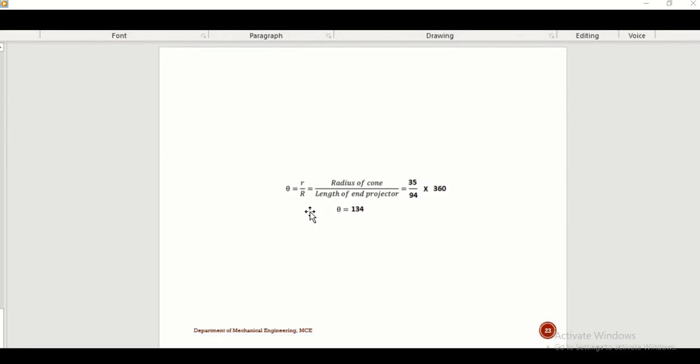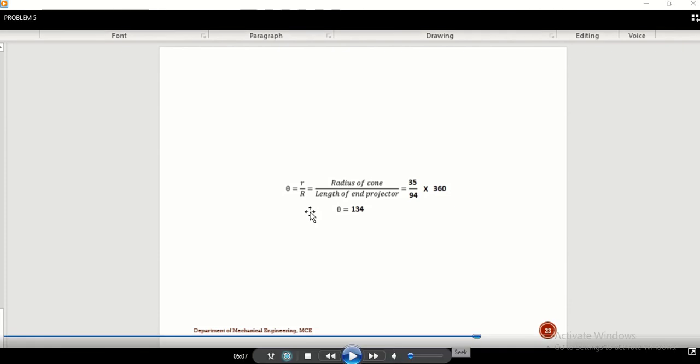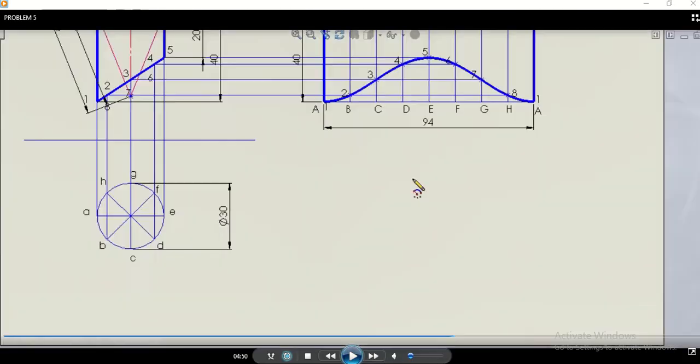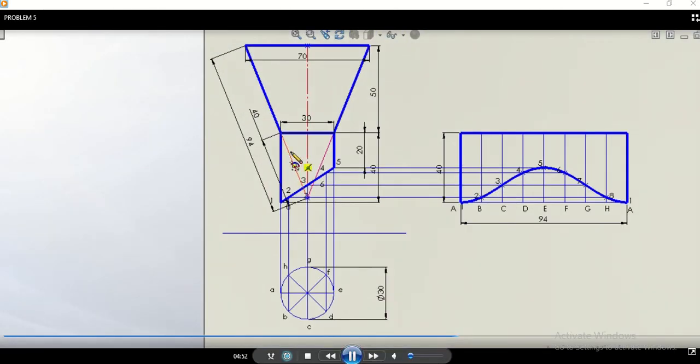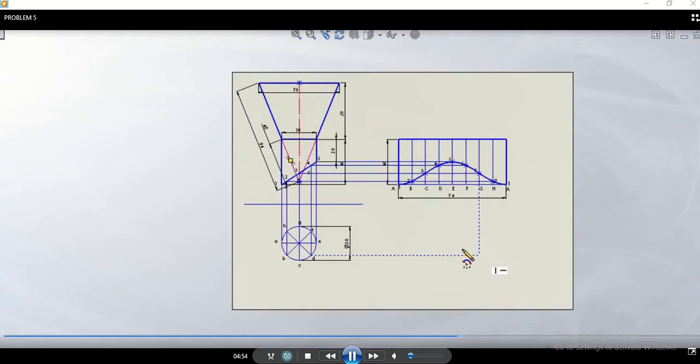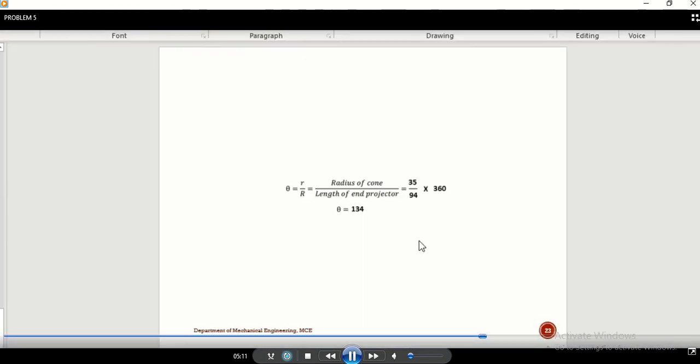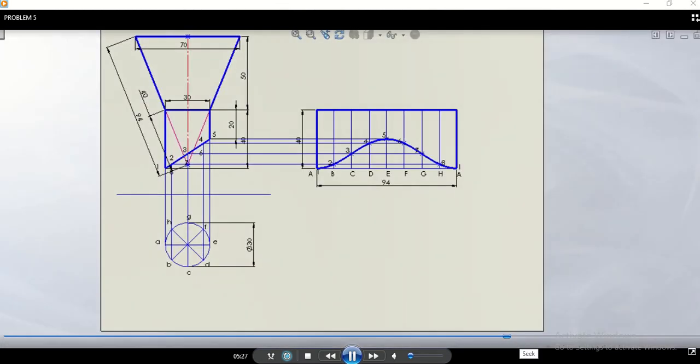Small r means the radius of the cone, that is 35 millimeter, and then the length of the end generator, which we have already measured, that is 94 millimeter. So first thing is you need to draw an arc by taking 94 millimeter radius.